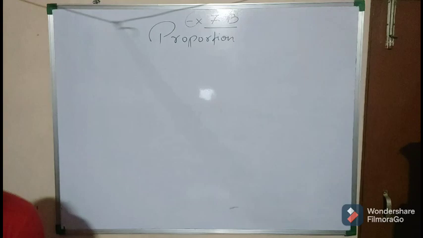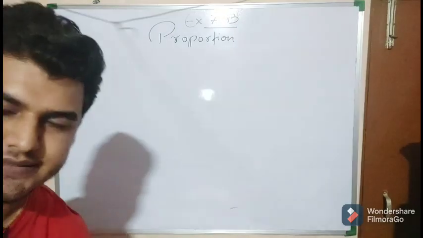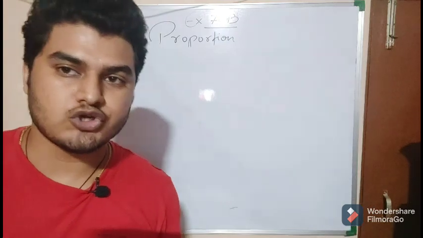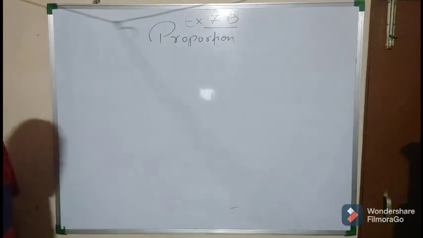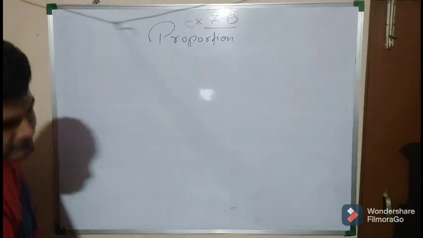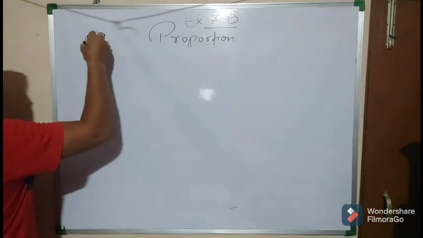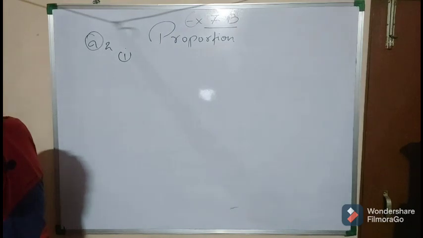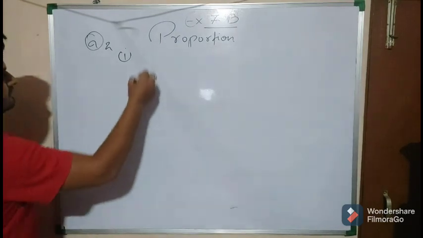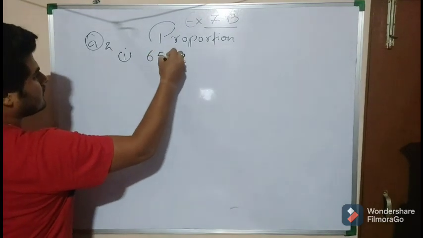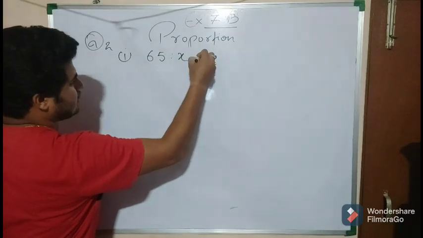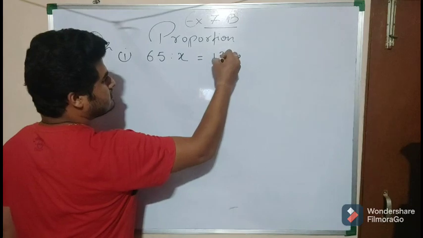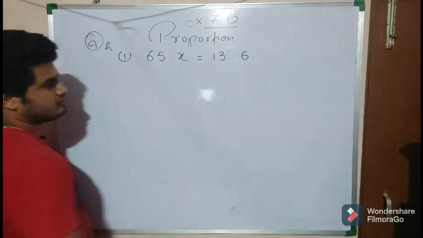Question number second is saying find the value of x in the given proportion. Question number 2, part 1: 65 is to x equals 13 is to 6.